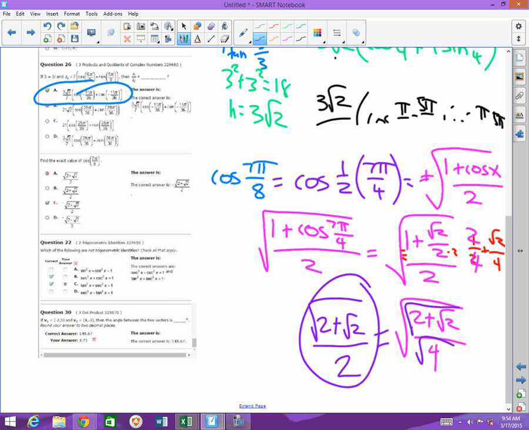And it has to be a negative, because 7 pi over 8 is somewhere in this quadrant, because from here to there is pi. So 7 pi over 8 is pretty dang close to a full 8 pi over 8.